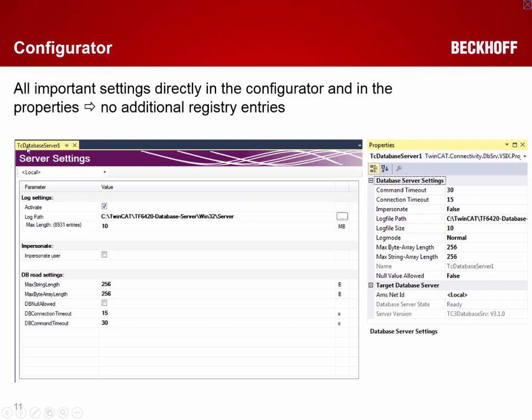This is similar to the standalone configurator which we provided before with the TwinCAT Database Server, but also for the Visual Studio freaks, we have integrated all the settings in the properties. So in the properties window you can do the same settings as in the editor. And maybe you know from the old version that we had a lot of different registry entries. All these entries are now moved to the server settings page here, so it is much easier from the engineering point of view.